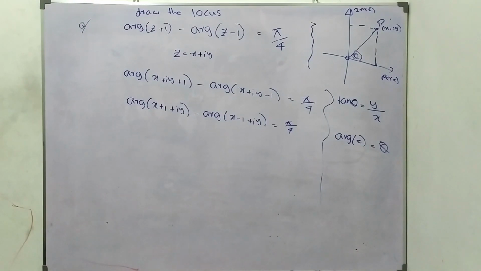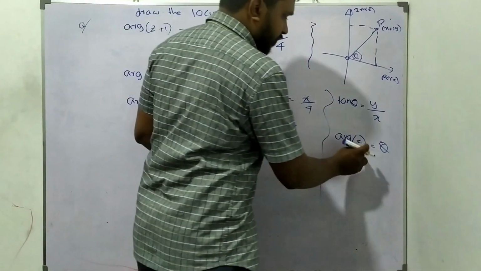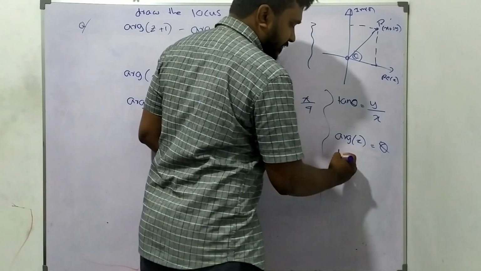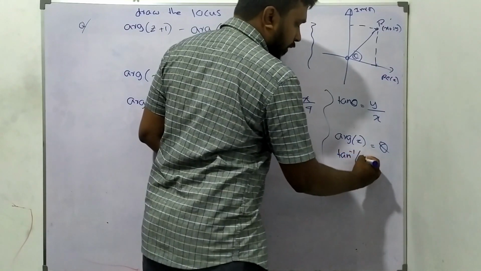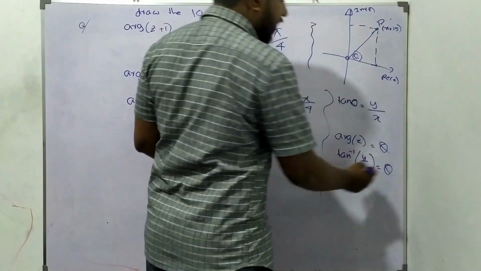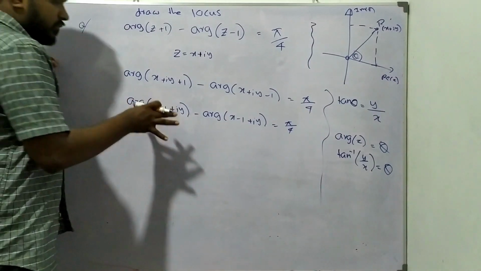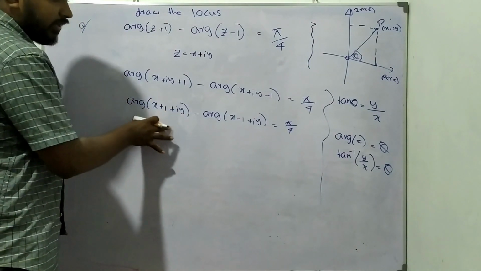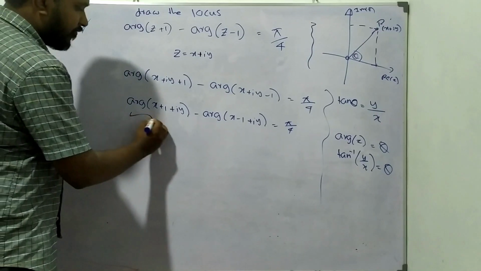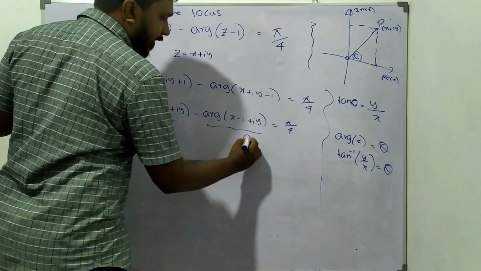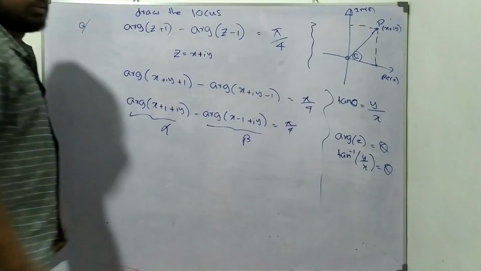Therefore you can write the argument of z as tan inverse y over x equals theta, right? So basically tan theta becomes again y over x. Likewise, here you can choose these as alpha and beta. Alpha minus beta equals pi by 4.